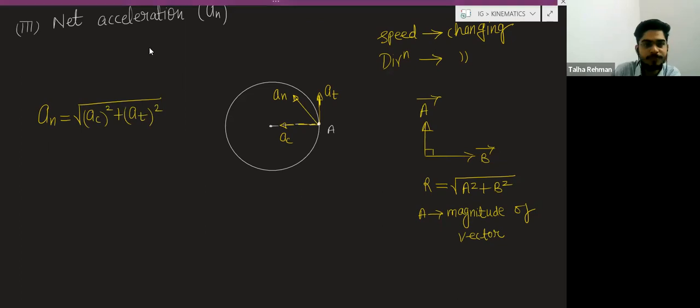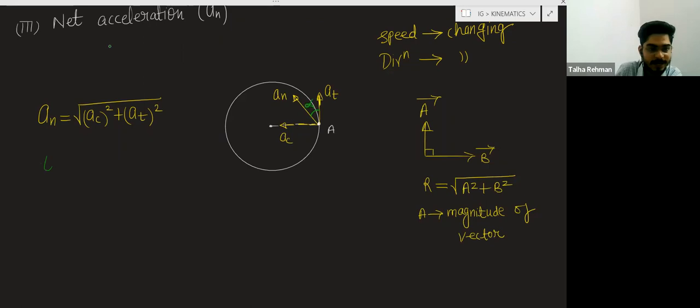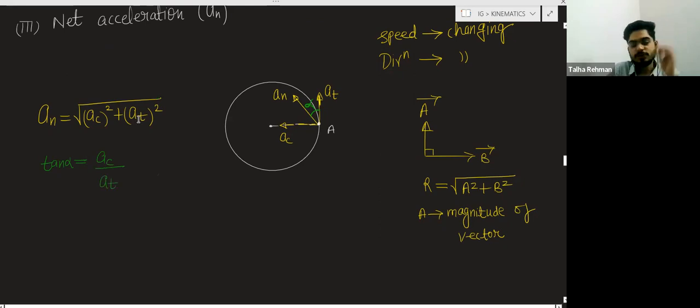And suppose this angle is alpha, so you can find tan alpha also. Basically tan alpha we can write as centripetal acceleration divided by tangential acceleration. So see from where I have written this.